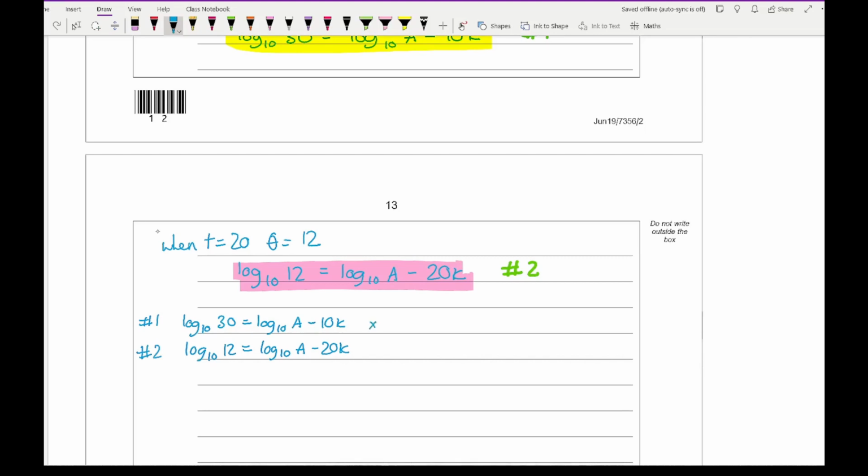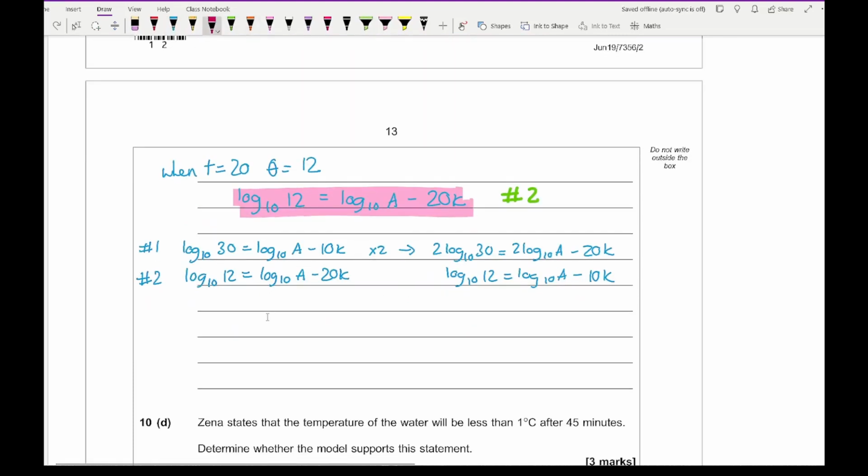Now if I multiply this by 2, then what I end up with is 2 log 10 30 equals 2 log 10a minus 20k, and log 10 of 12 equals log 10 of a minus 20k. Then looking at simultaneous equations, which I'm hoping you can see where I'm coming from. Actually, that should be a 20, not a 10. Let me just correct that.